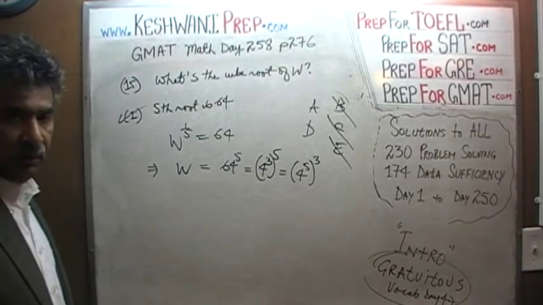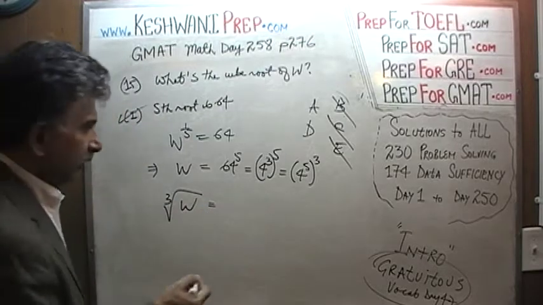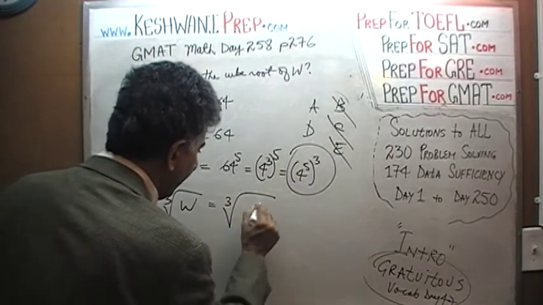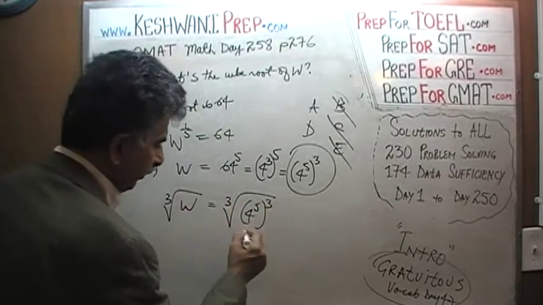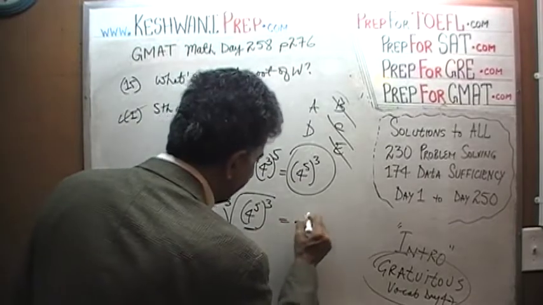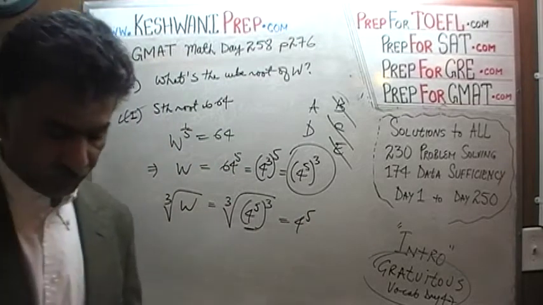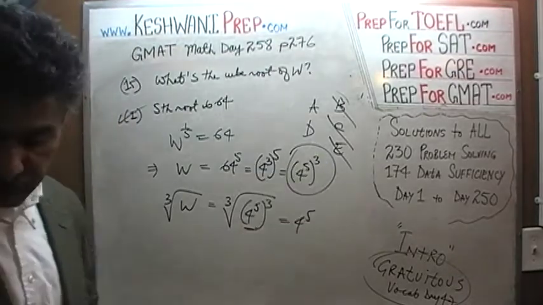And now we have to figure out the cube root. The cube root is going to be the cube root of 4 raised to 5 raised to 3. And since it's raised to 3, the cube root is just going to be this quantity right here. 4 raised to 5 is the answer. The cube root of W is 4 raised to 5. That's all. As you can see, it's enough.